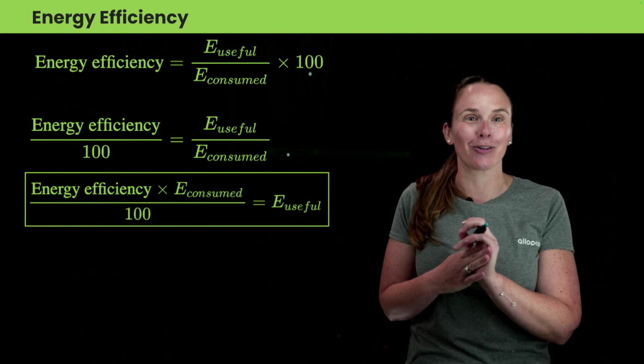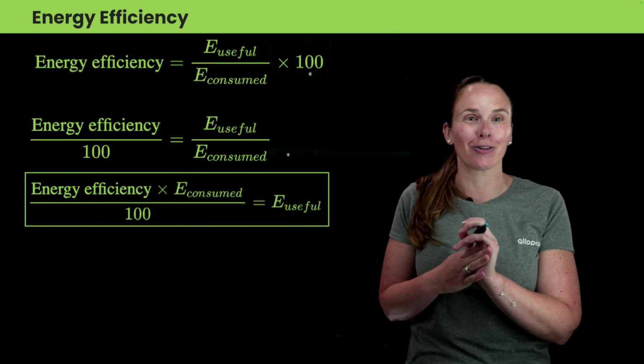So I'm going to take my consumed energy and make sure that everything is isolated, or I can just move it to the other side of the equal sign. And then I'm going to take my energy efficiency and move it down here. So again, we are just manipulating the formula. We're thinking to ourselves, okay, what's the opposite of the order of operations so that I can move it across the equal sign, and then we are ready to go.